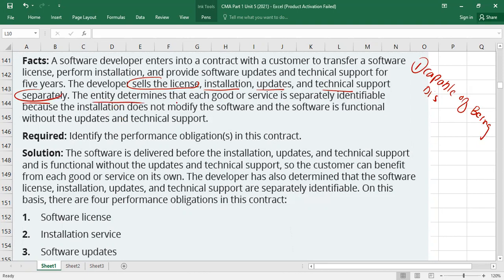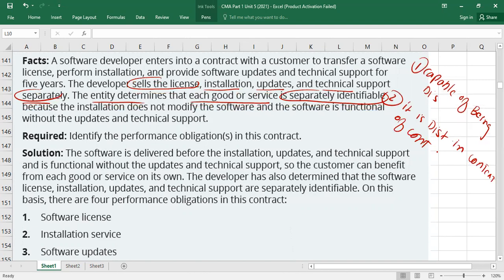The entity, the company, has decided that each good or service is separately identifiable. Separately identifiable is the word for what? It is distinguished in the context of the contract, because he told you it is determined.